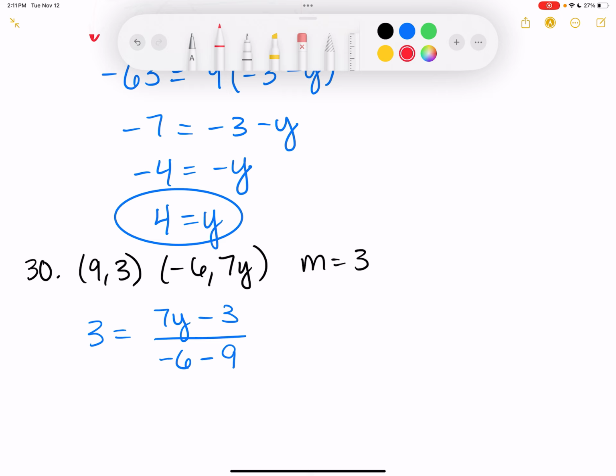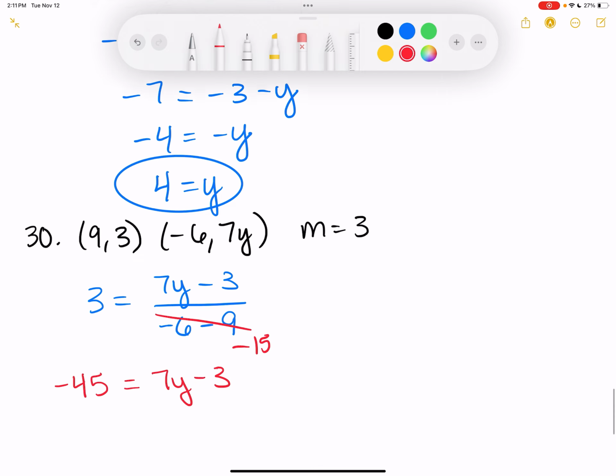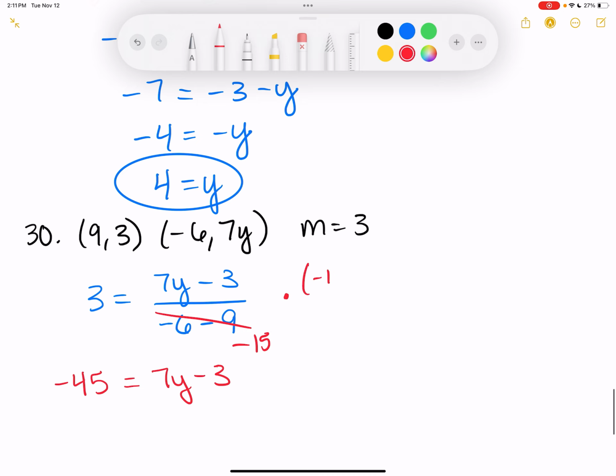Negative 6 minus 9 is negative 15. So since this is on the bottom, I need to multiply both sides by negative 15 to get rid of it. So 3 times negative 15 is negative 45. Negative 45 equals 7y minus 3. Okay, so I multiplied by negative 15 on both sides, just so that everyone can see that.